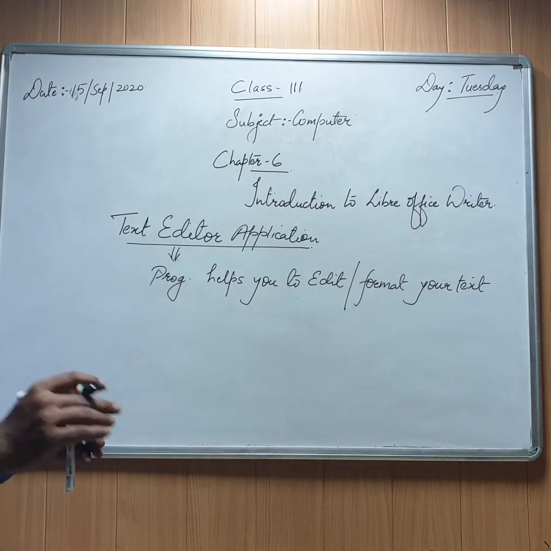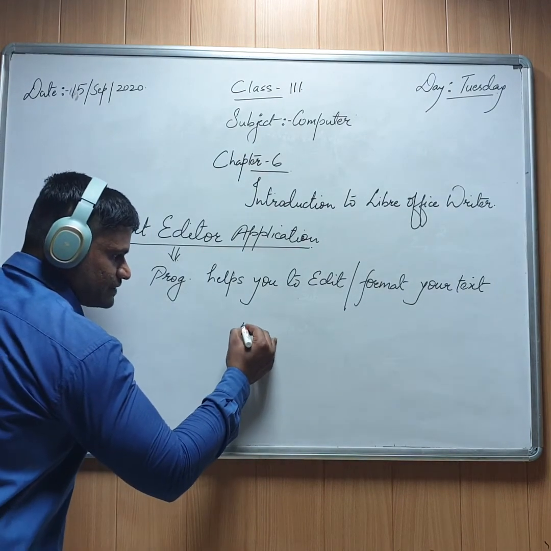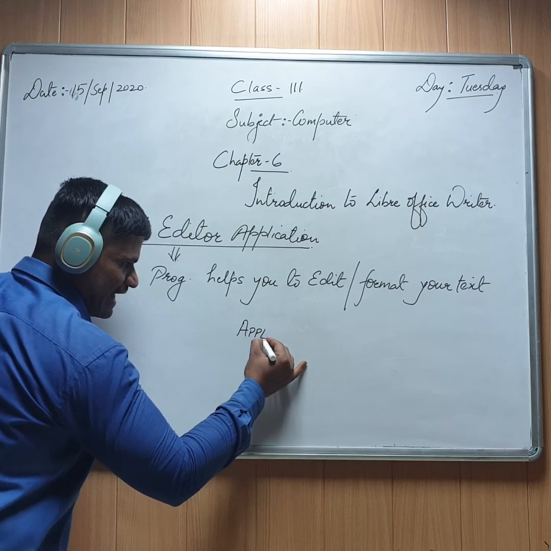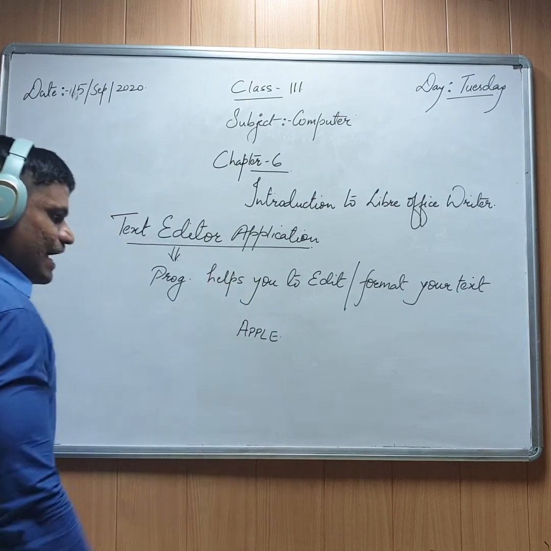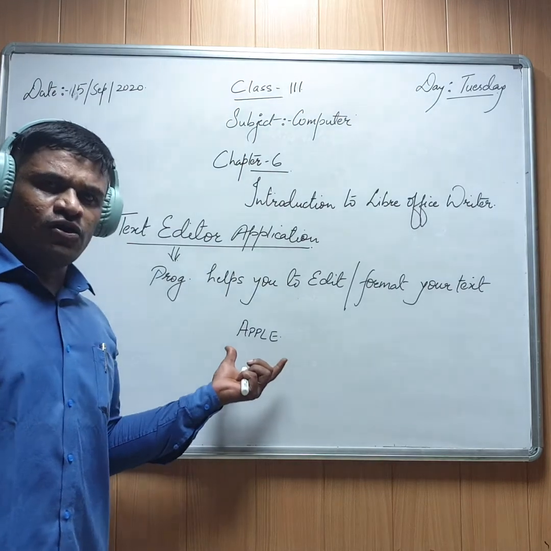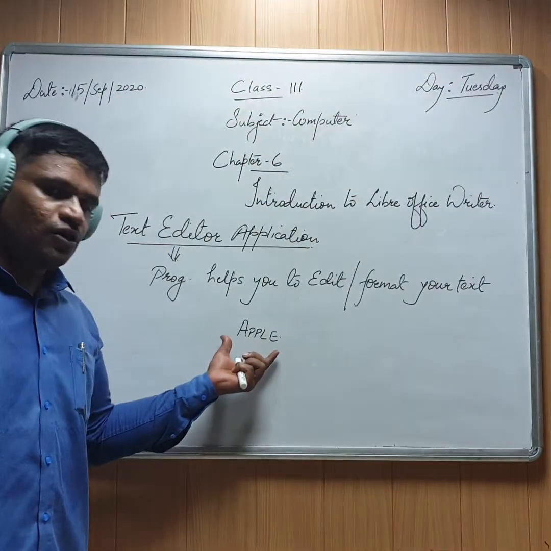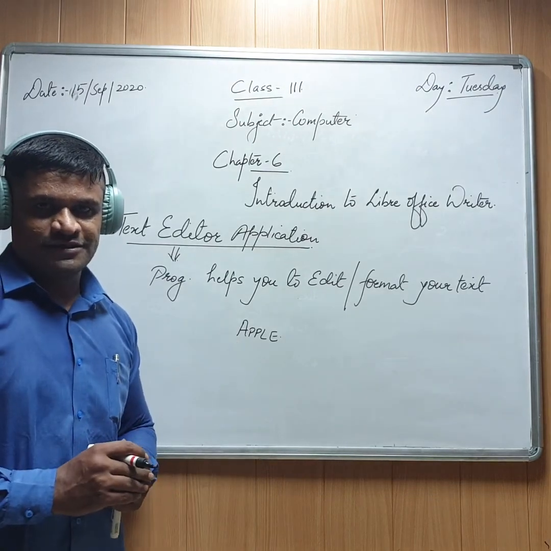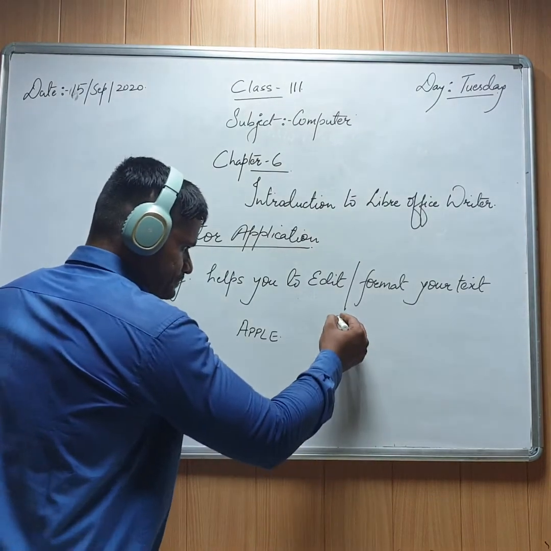Just as an example, I write this: A P P L E, apple, a normal apple, normal font style, a normal way of presenting your text. And how about this?